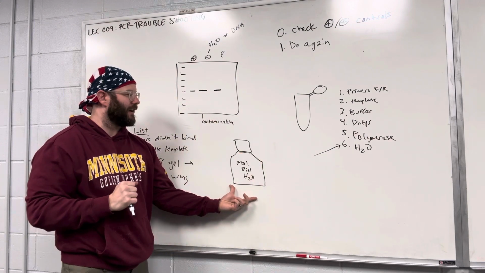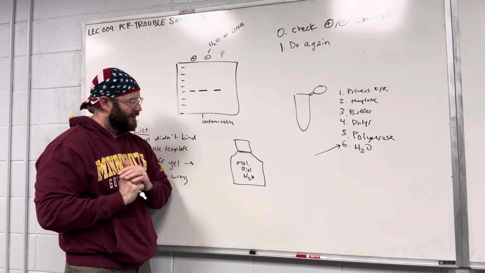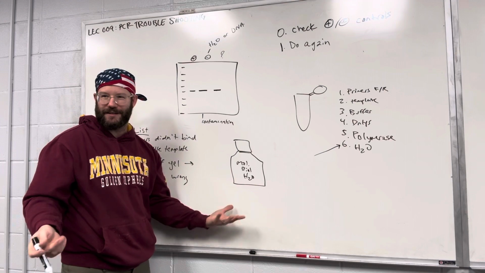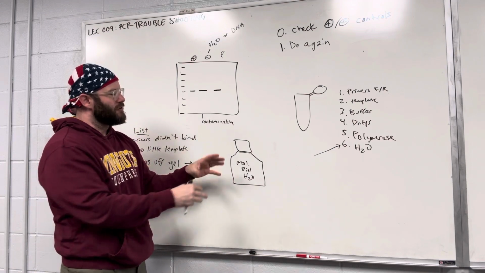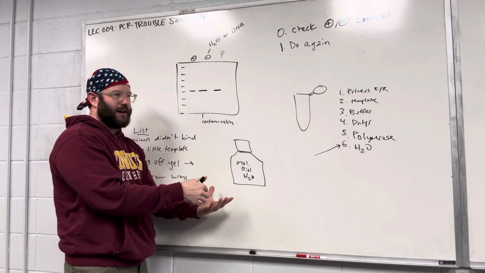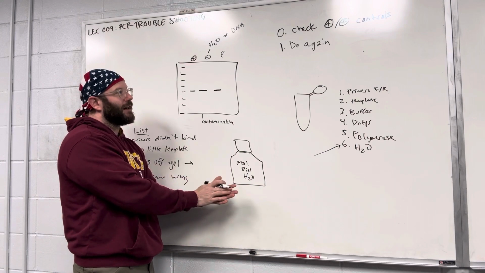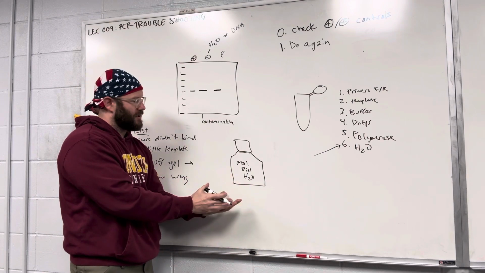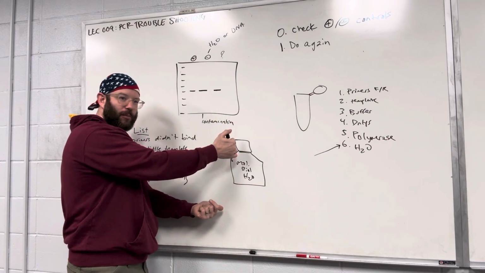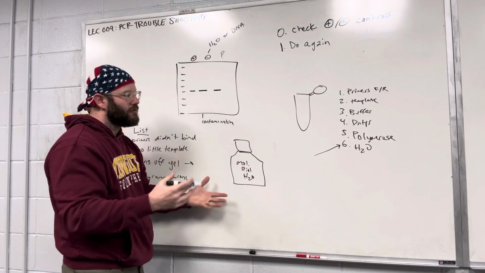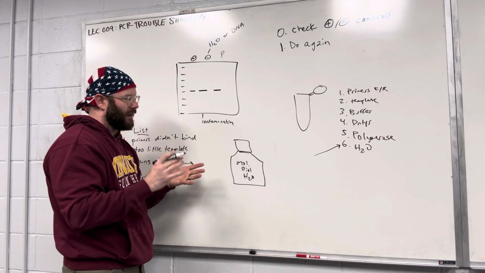Why do you not want to do that? Your pipette could be contaminated. Yes, and usually it is, pipettes are dirty. So you should never take a giant container of reagent, open the cap, stick your pipette in, and take it out. Usually what you do is make what are called aliquots.